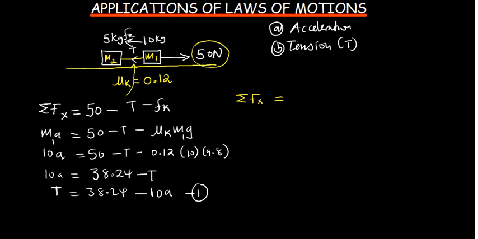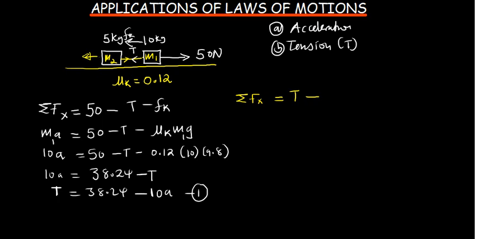Do you have any other force in the forward direction? No. Minus, there will be a friction also because this one is also on the table, and that friction is going to be in the opposite direction. Friction is given by coefficient of kinetic friction times normal, which is mu k times mg.